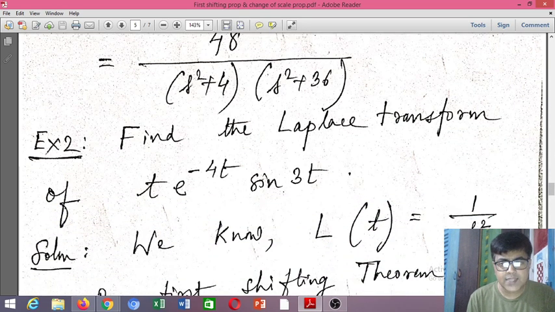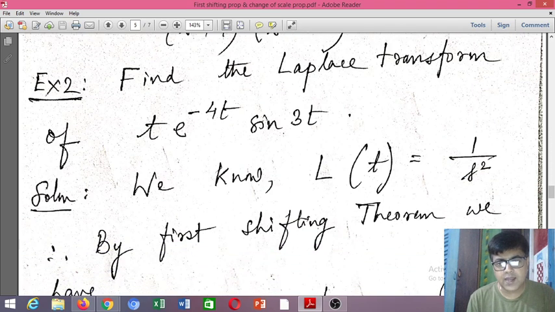Now let's come to the next question. Find the Laplace transform of t e to the power minus 4t into sine 3t. Now you must be wondering that since e to the power minus 4t is there, we can apply the first shifting theorem. But how do we apply it?